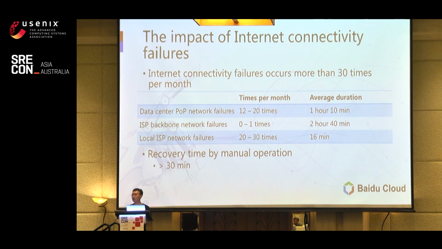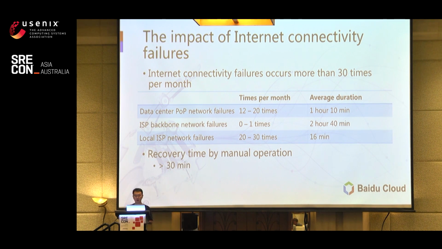It happens 0 or 1 time per month, but its average duration is more than 2 hours. The duration of local ISP network failures is relatively short, 16 minutes on average, but the frequency is very high, with more than 20 occurrences per month.